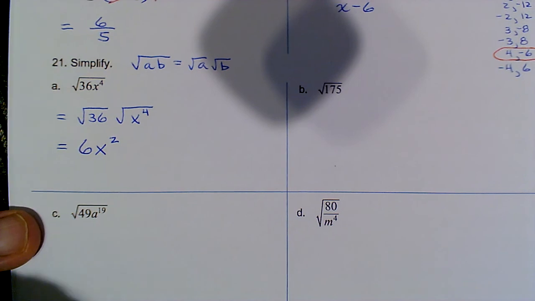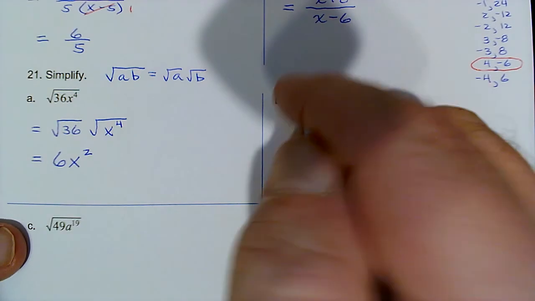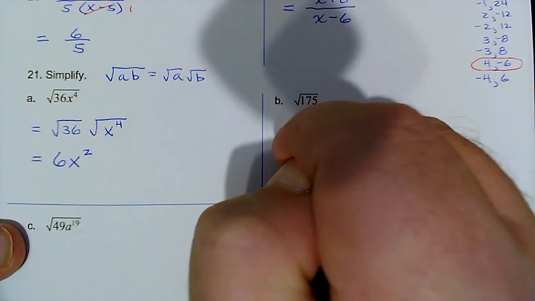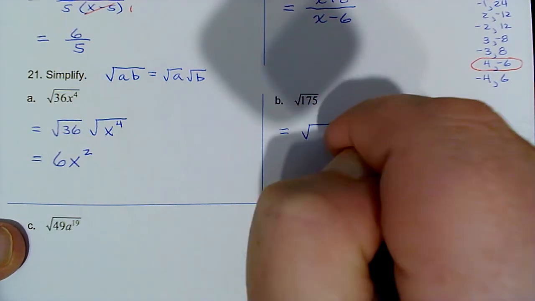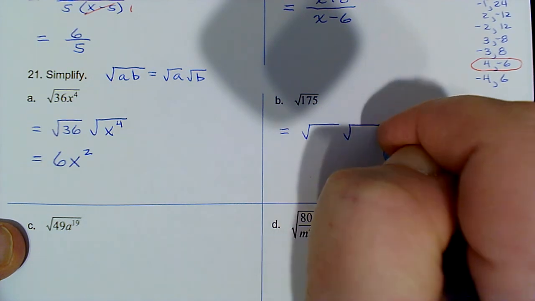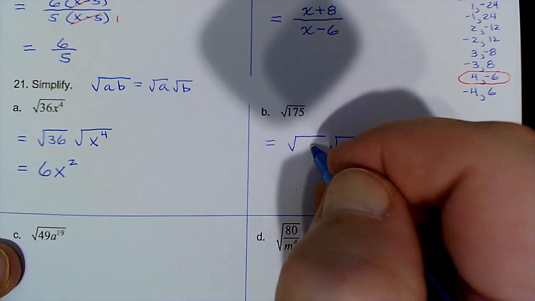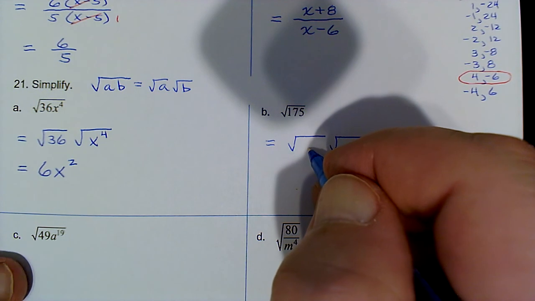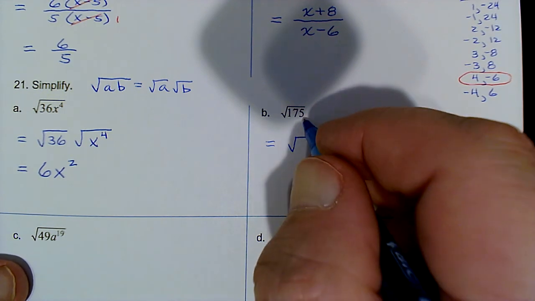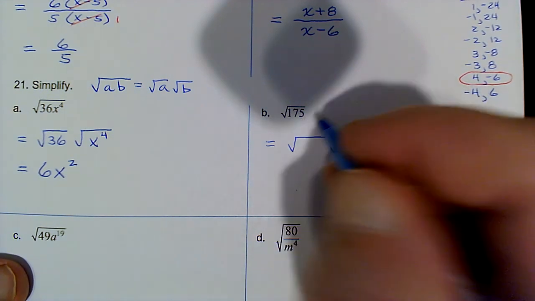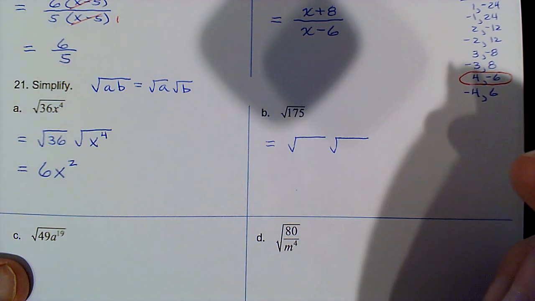Now, if the number is not a perfect square, then the method was to write it as the product of two radicals, where the first contains a perfect square that is a factor of the original radicand.